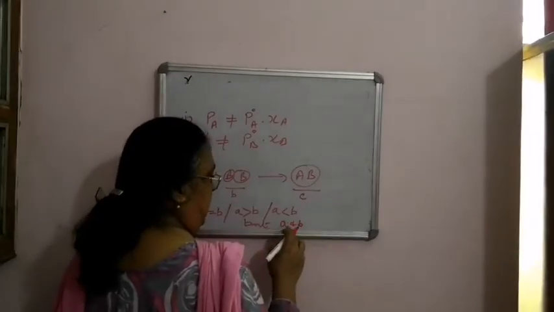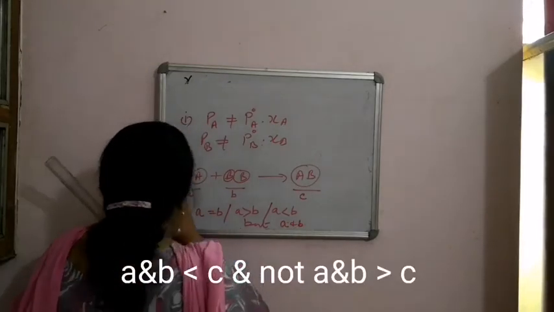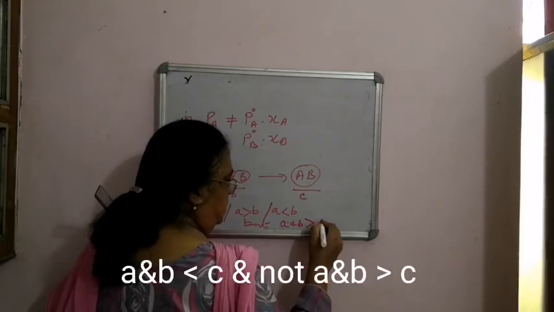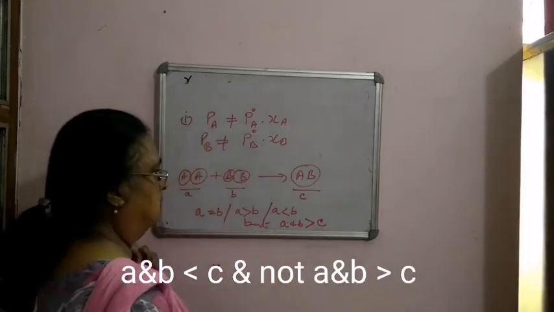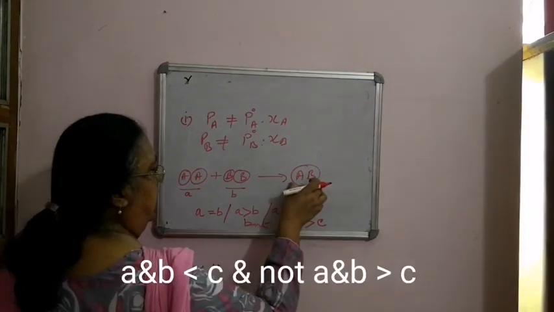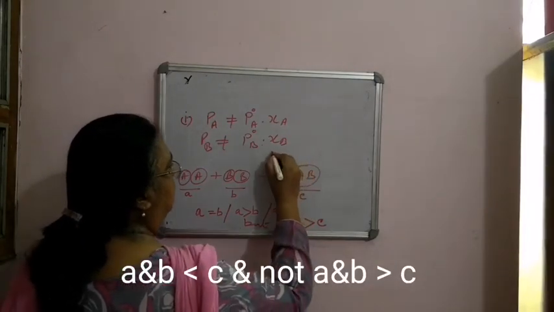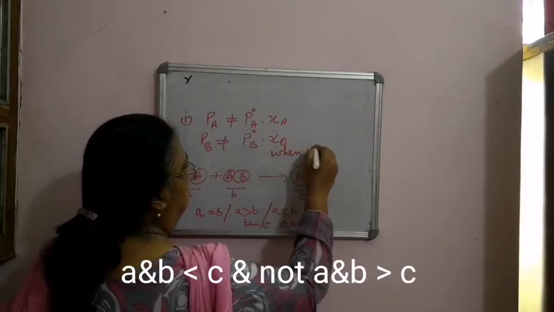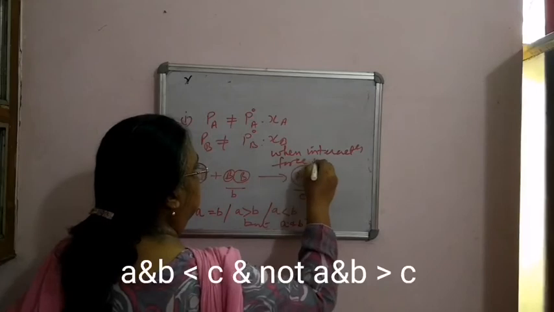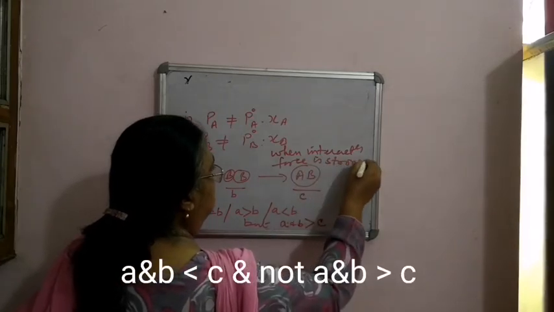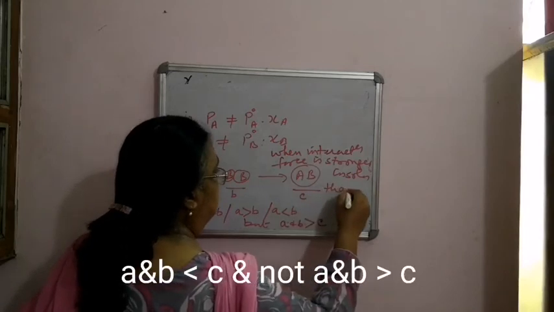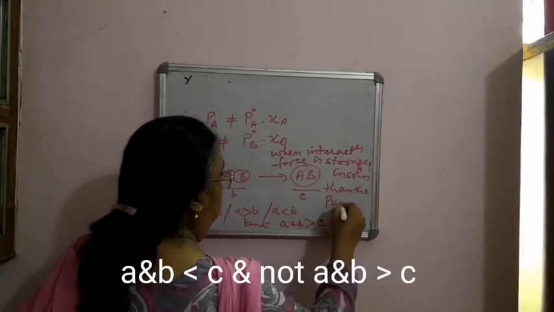But when the A and B interaction forces are more than the interaction force of C, that is the condition. It means these are held very tightly. So when the interaction force is stronger in solution than in the pure components.